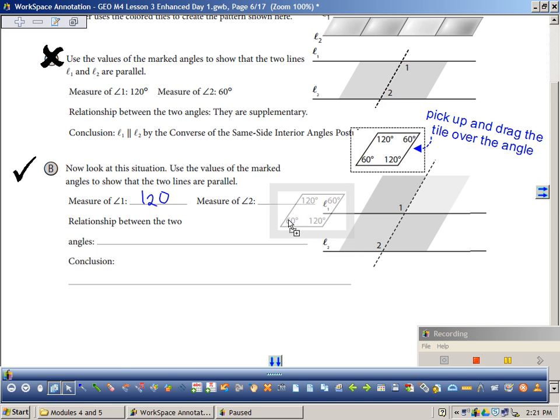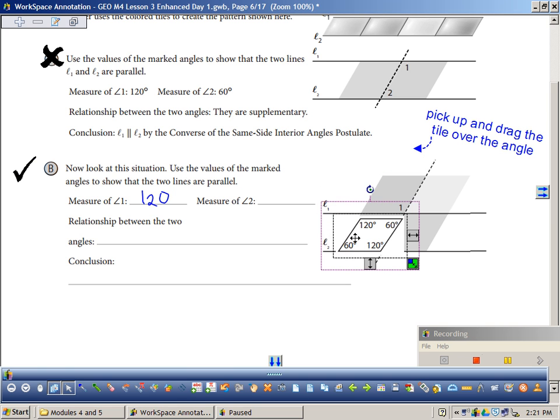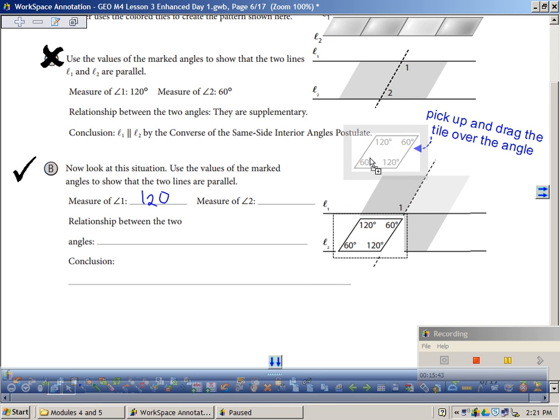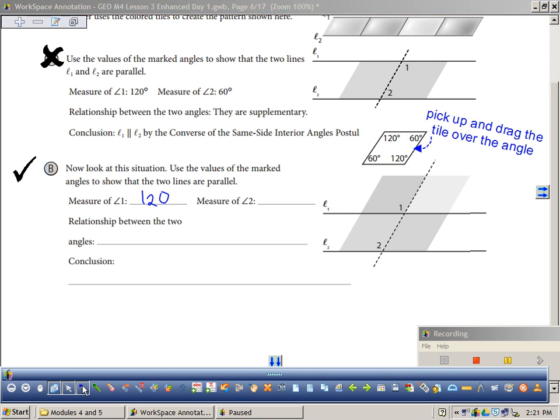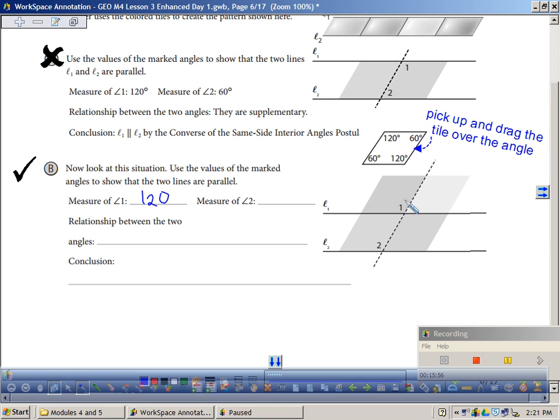Measure of angle 2 is 120. What number is this? This is B. Okay. Relationship between the two angles. They're corresponding.